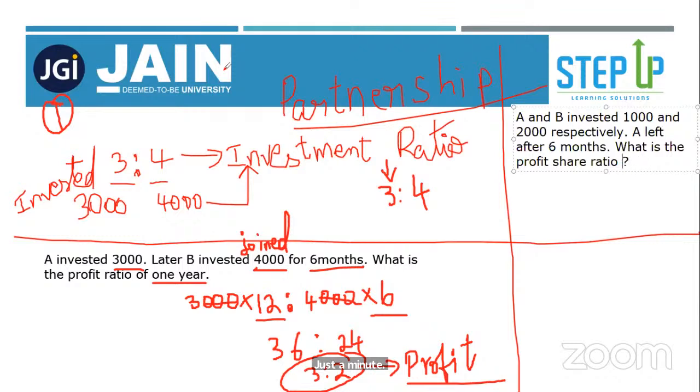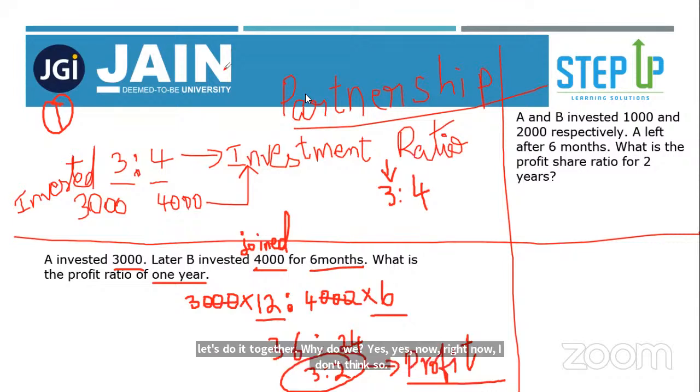Ratio for 2 years. Let's do it together. The time is, we only have 10, 11 more minutes.